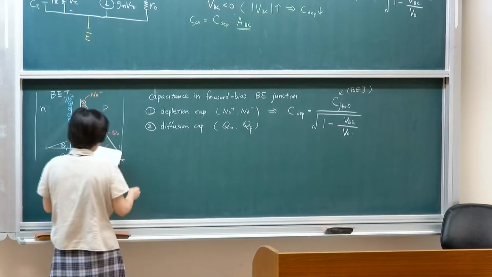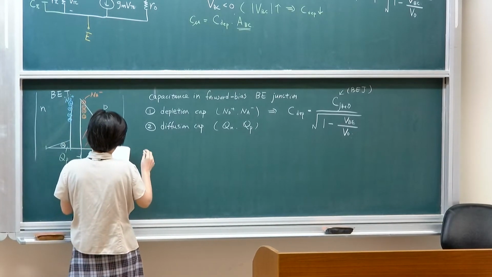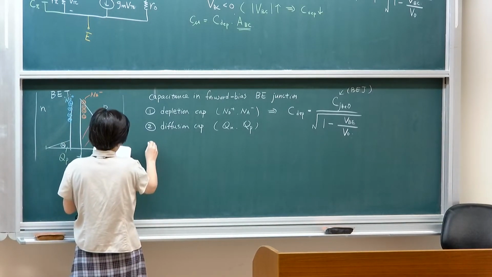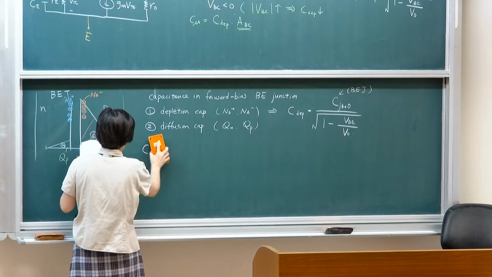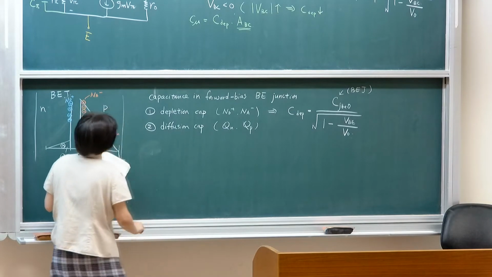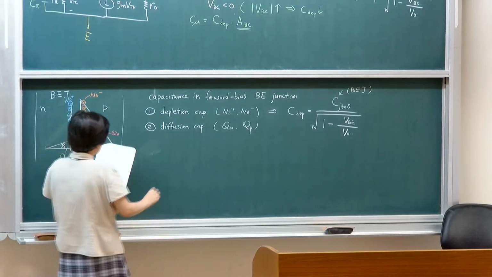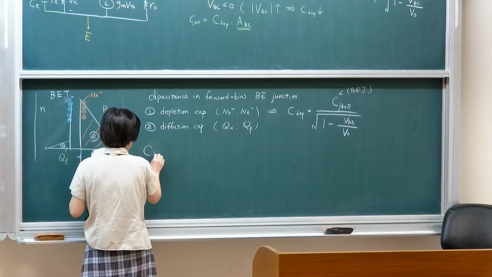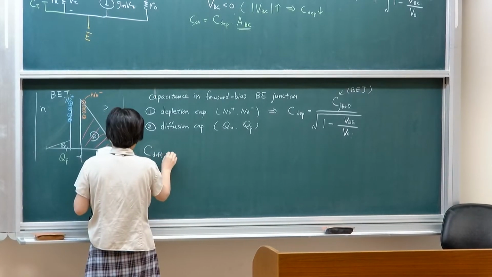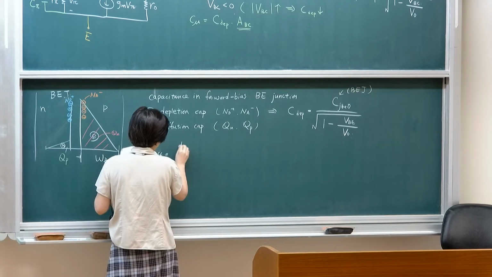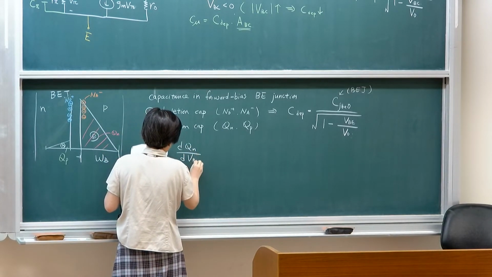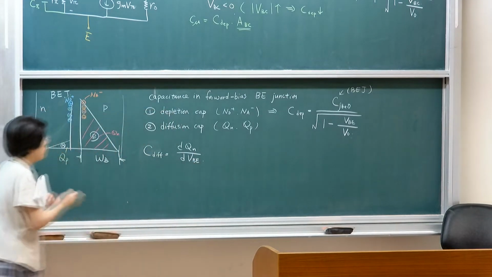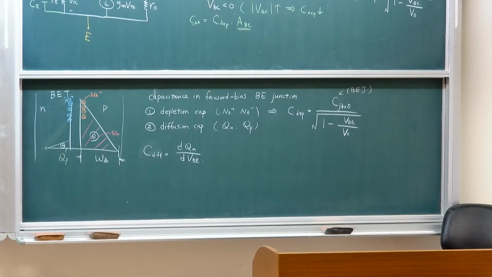And for diffusion capacitance, it would then be determined by dQ. So overall, there will be diffusion capacitance determined by dQ, and you can only look at one side of the chart.